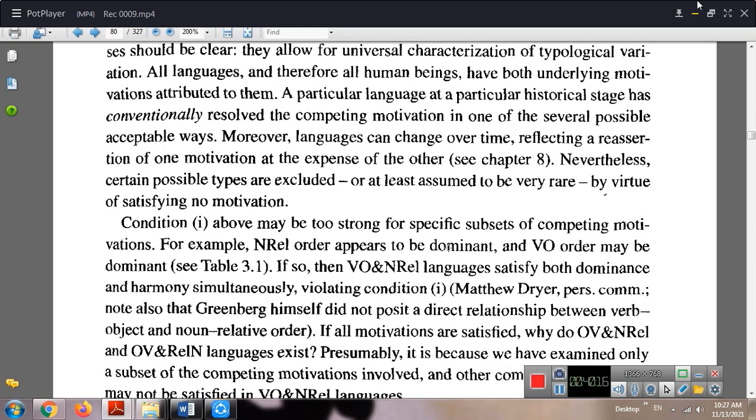A particular language at a particular historical stage has conventionally resolved the competing motivations in one of the several possible acceptable ways. Moreover, languages can change over time, reflecting a reassertion of one motivation at the expense of the other. Nevertheless, certain possible types are excluded, or at least assumed to be very rare, by virtue of satisfying no motivation.